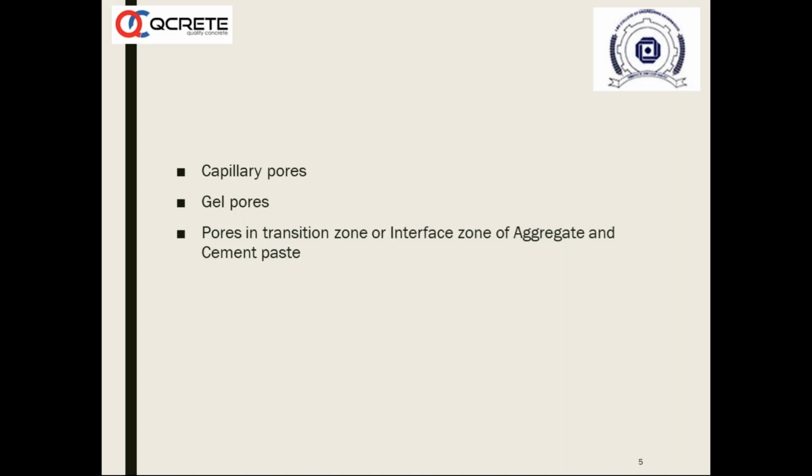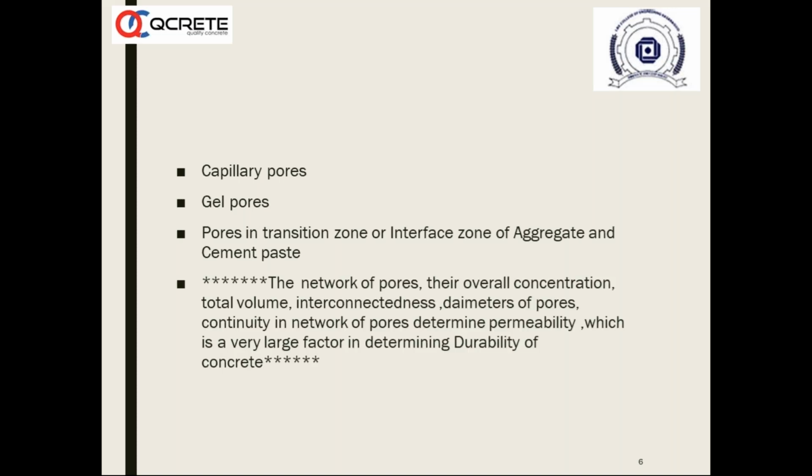The bond strength will be reduced when a pore is formed at the transition, which exists as a bond between coarse aggregate and cement sand mortar. So these sets of pores, capillary pores, gel pores, and pores at the transition zone define the integrity of concrete, or define the strength of concrete.